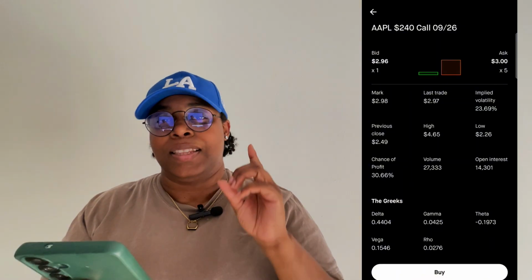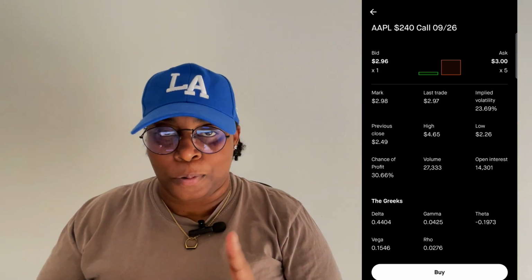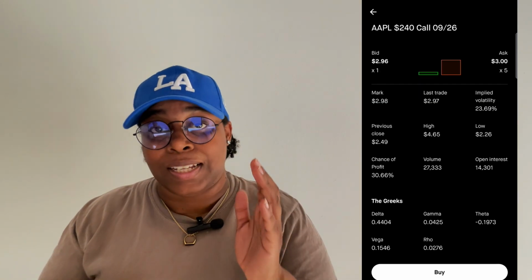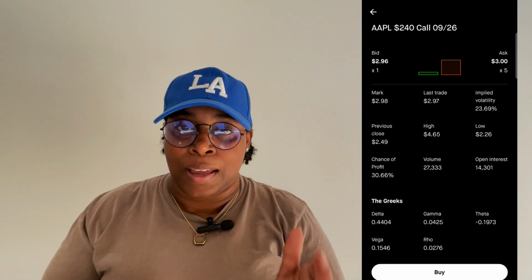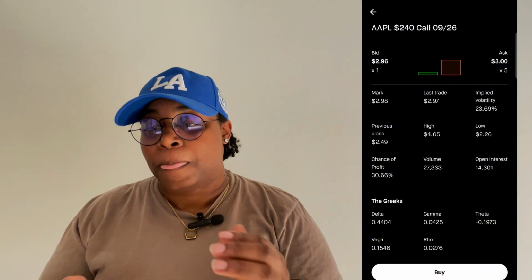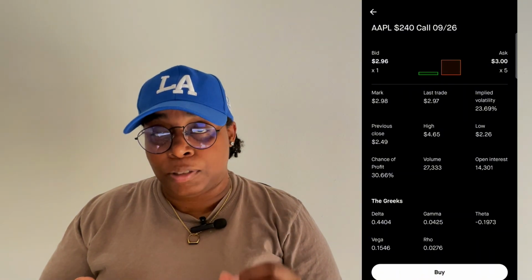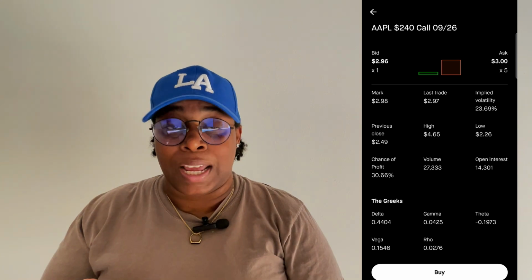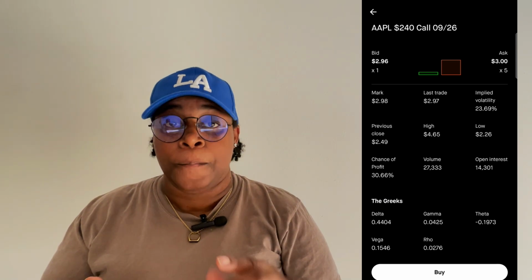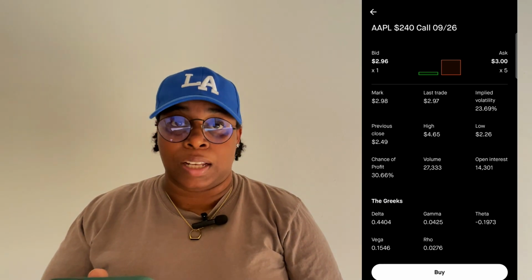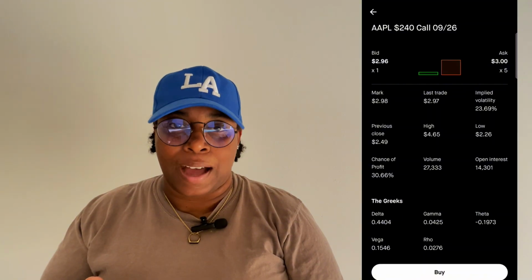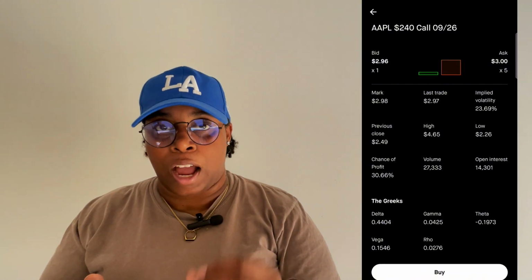All right, the theta. Oh, this is the super important one alongside that delta because it is a time decay measurement tool. Okay, this lets you know how much in value that your option will lose the longer you hold it, especially if it's going against you. Now, I want you to do something like go to Tesla or maybe SPY and look at their option chain.